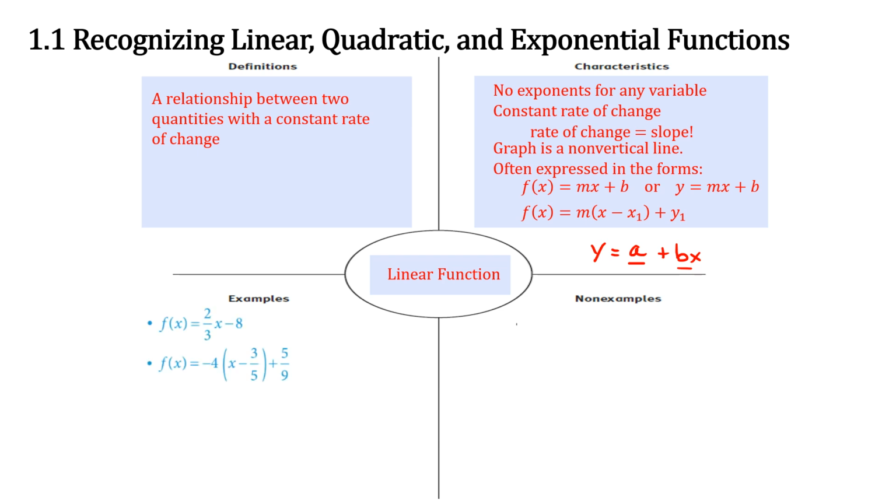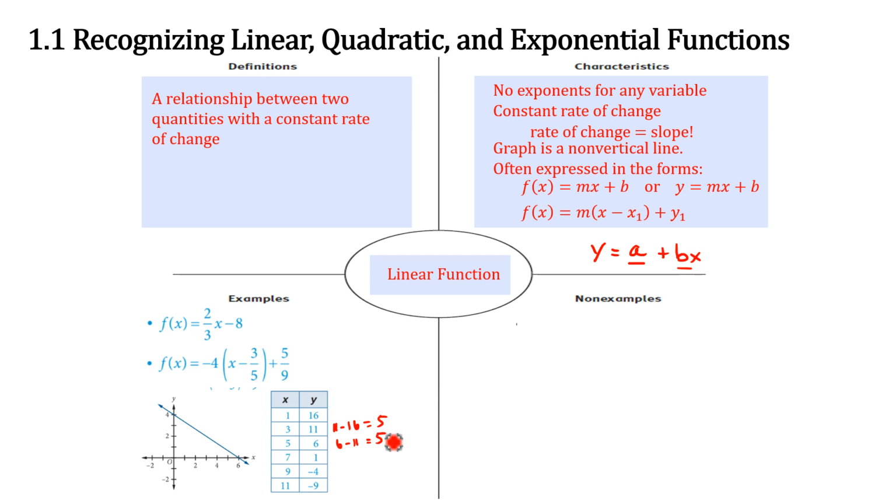So examples. There's some just straightforward. If you're not even sure about this, just notice no exponent on the x. That's a linear function. We've got a graph, we've got a table. Notice this: 11 minus 16 equals 5, 6 minus 11 equals 5, 1 minus 6 equals 5, negative 4 minus 1 equals 5.